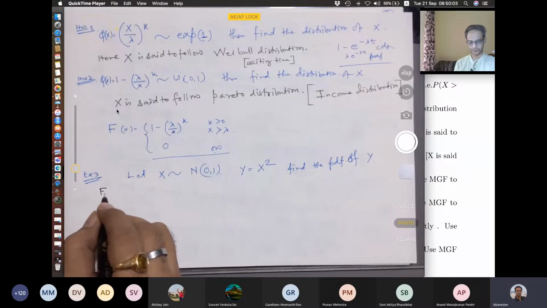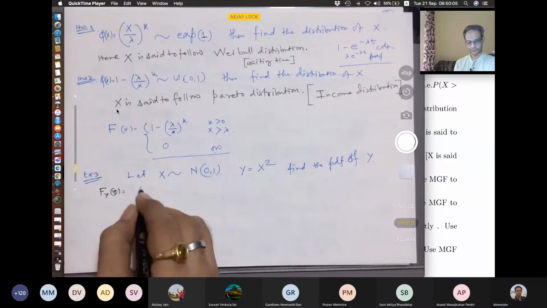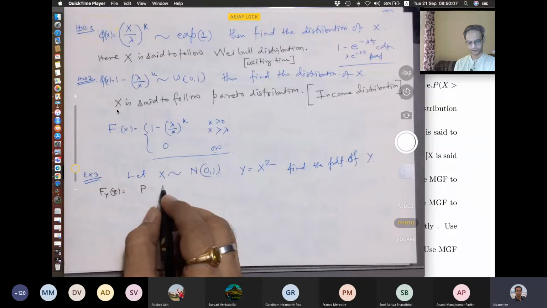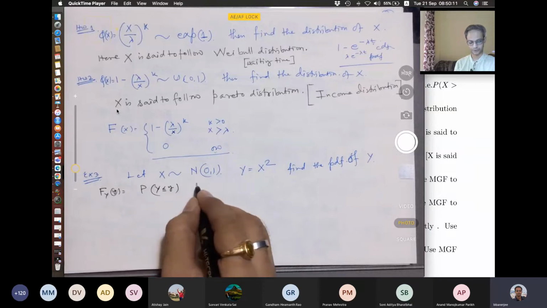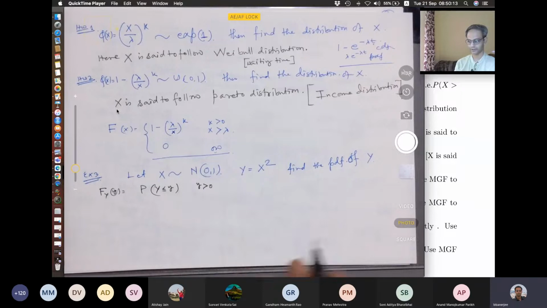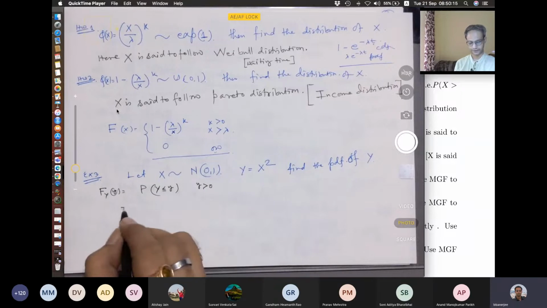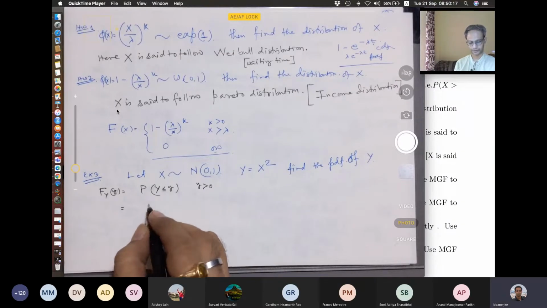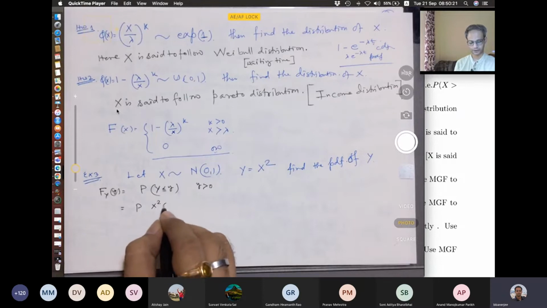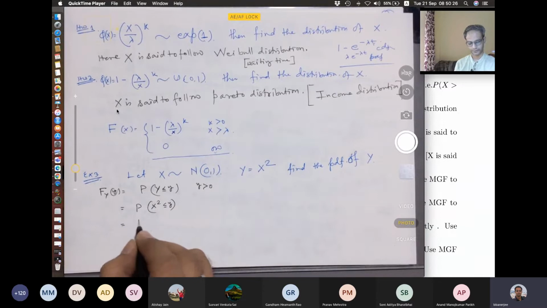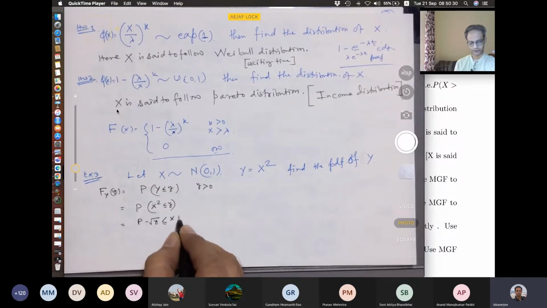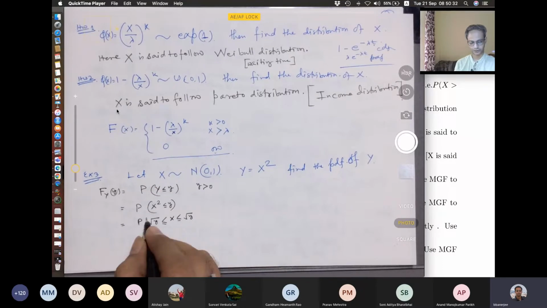So F_Y(y) is probability Y less than or equal to small y, when y is positive. Definitely y is positive. So this is probability x square less than or equal to y. So that is probability minus root y less than x less than root y.